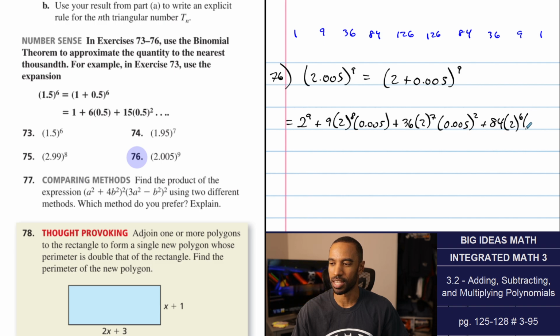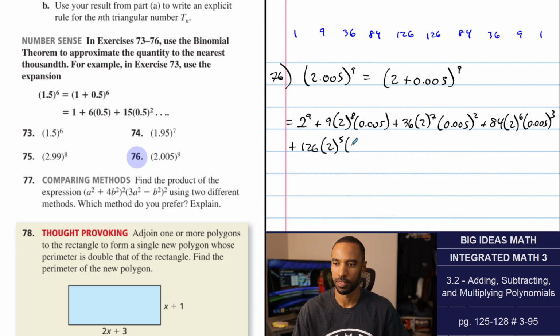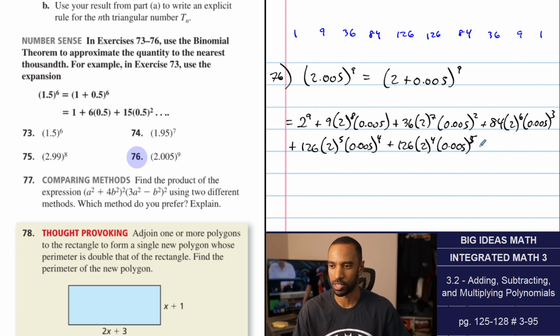84 times 2 to the 6th times 0.005 cubed plus 126 times 2 to the 5th times 0.005 to the 4th plus another 126 times 2 to the 4th times 0.005 to the 5th. I'm going upward on these. They got to add to 9.